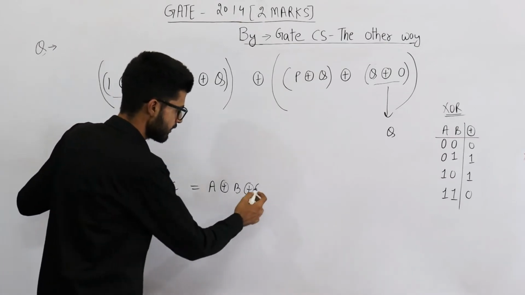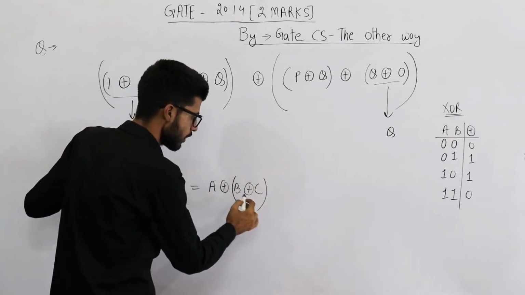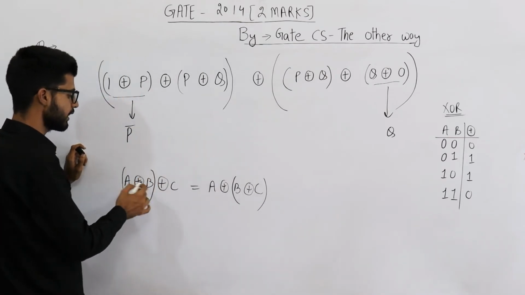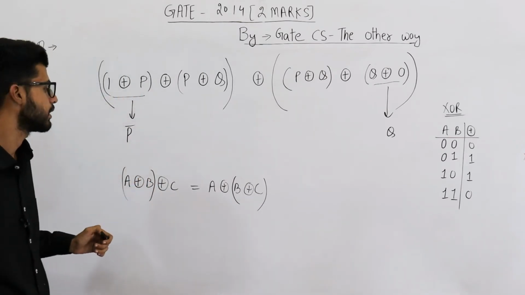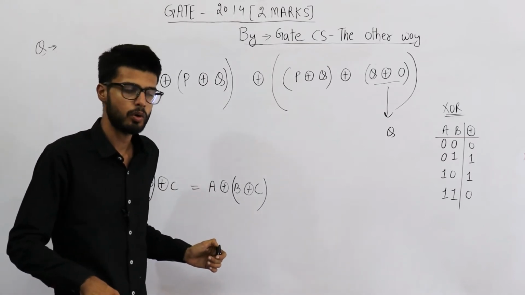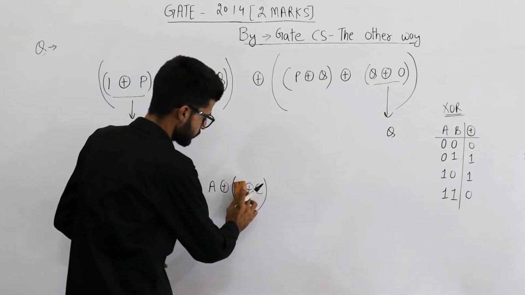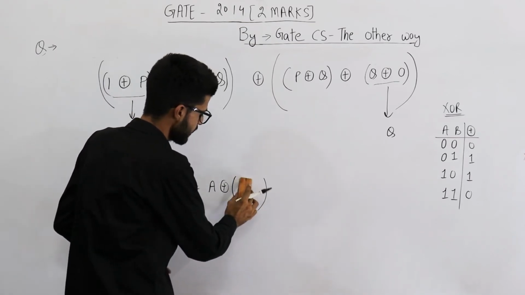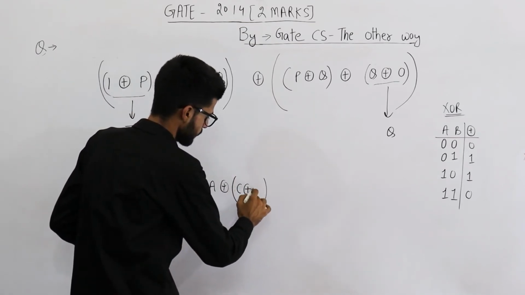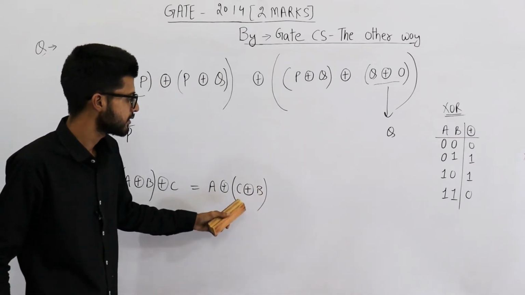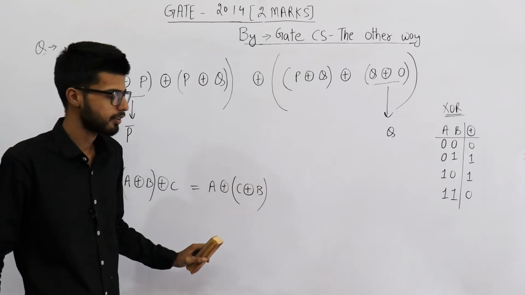That means for evaluating this one, I can solve B XOR C first as well as I can solve A XOR B first. It doesn't really matter. Moreover, because it's commutative, I can also flip these, like B XOR C can be written as C XOR B. Now you very well know that C XOR B and B XOR C are same.